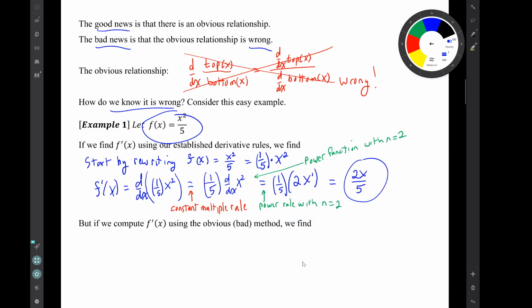Now let's try computing f prime using the obvious bad method. So I'm going to do this in red because it's so bad.